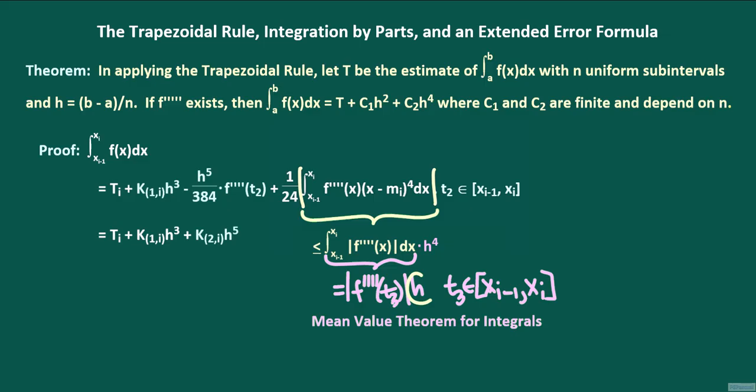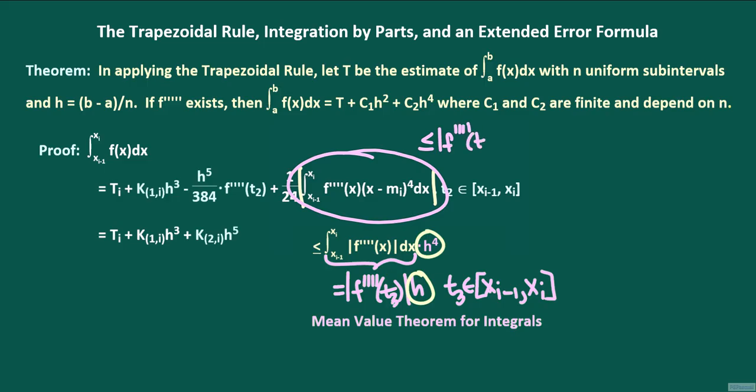With a factor of h multiplied to h to the 4th power, the absolute value of the integral of f quadruple prime times x minus m sub i to the 4th power is bounded by the absolute value of f quadruple prime of t sub 3 times h to the 5th power.